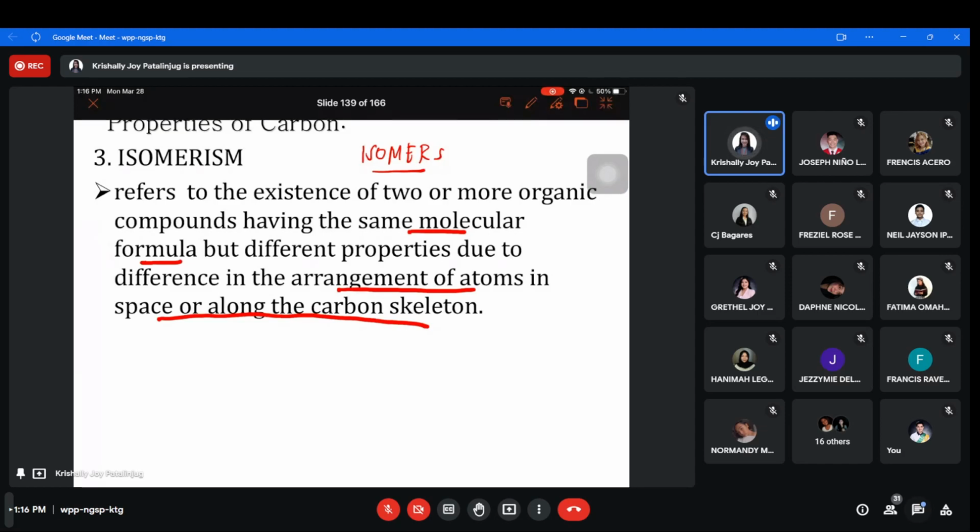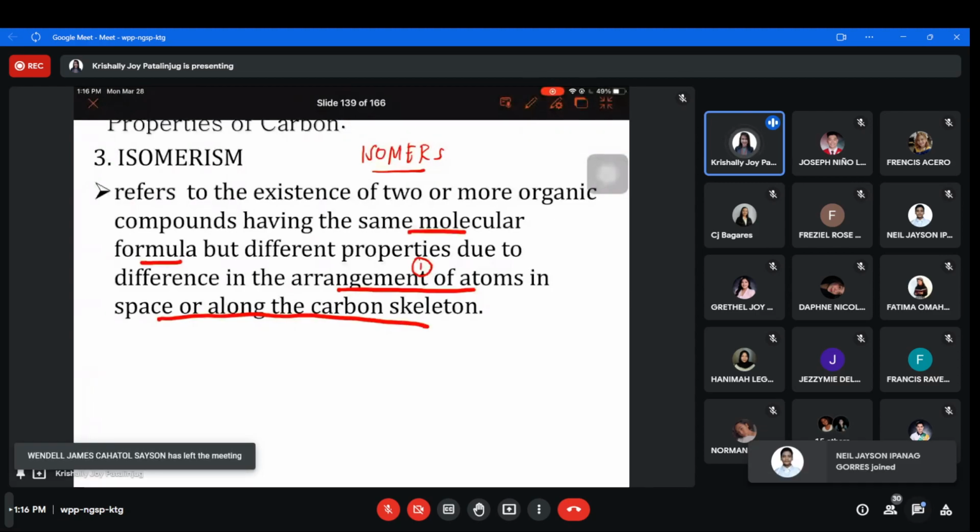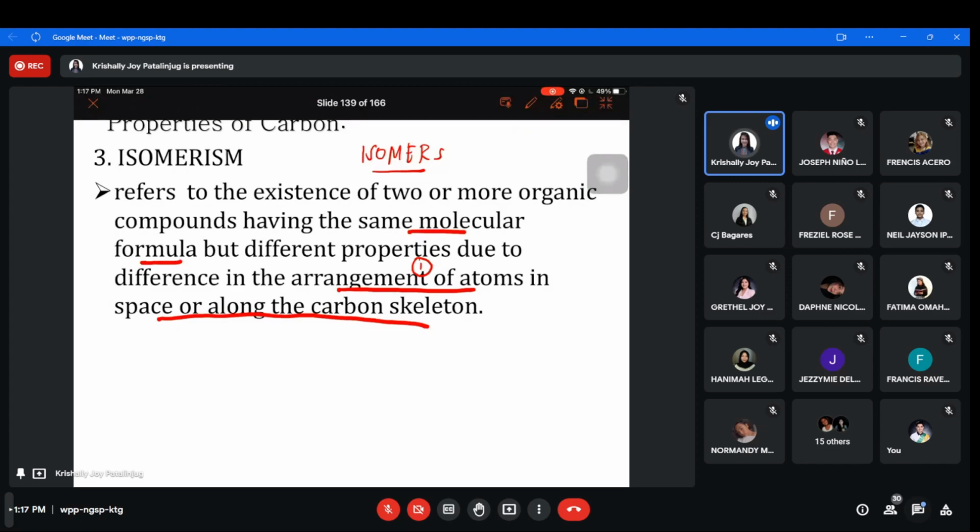Pwedeng yung difference in the structure could be caused by differences in the arrangement of atoms in space. Or pwede din naman na differences sa structure could be caused by differences in the arrangement of atoms in the carbon skeleton.